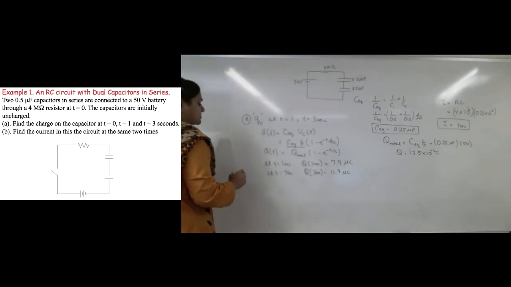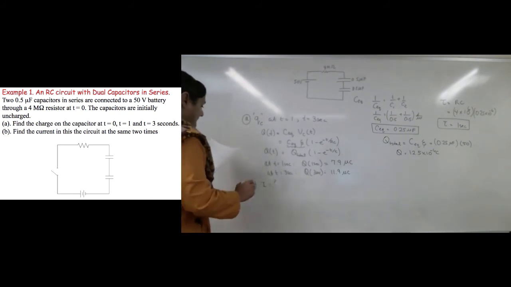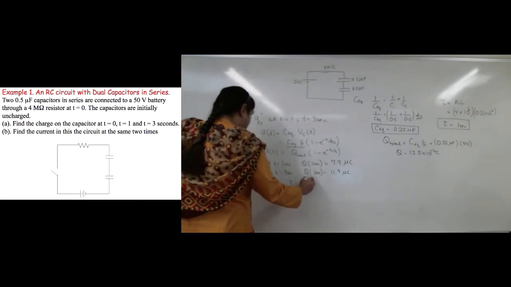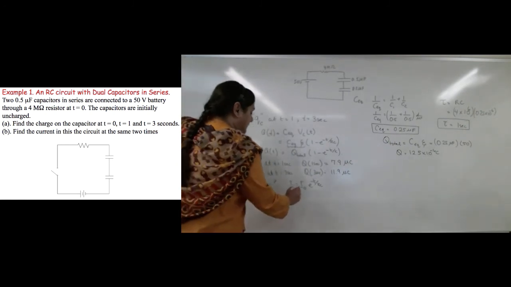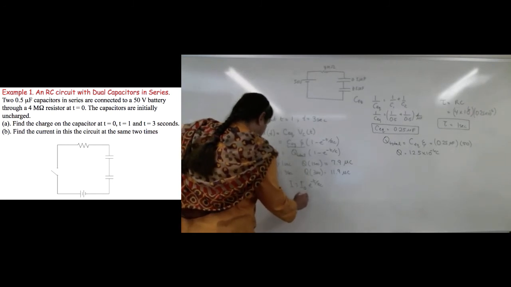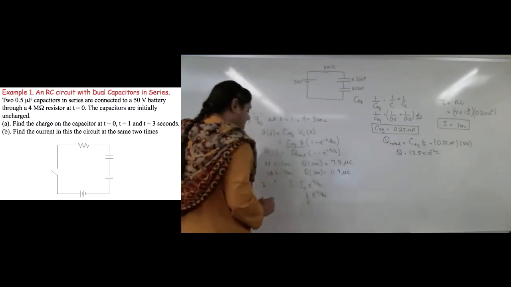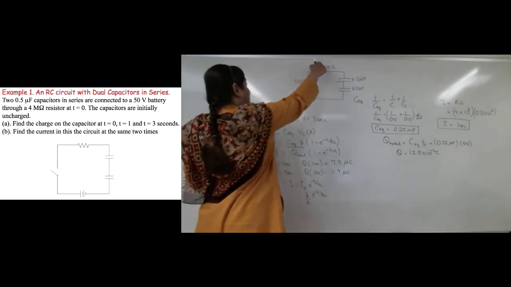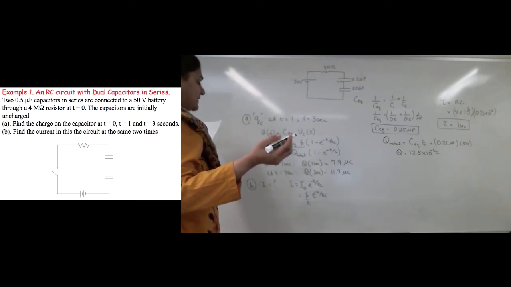Now, what about current? Next it asks me about current. So I need to find current at both of these times. How do I find current? I know current is equal to I0 e to the minus t over RC. What is I0? I0 is E over R. What is E? 50. What is R? That value right there. And now all I have to do is plug in the numbers.